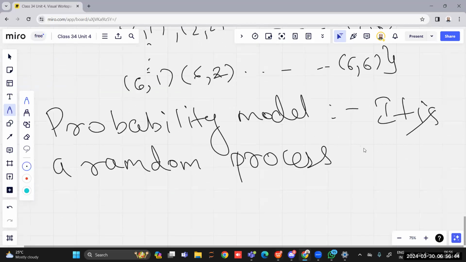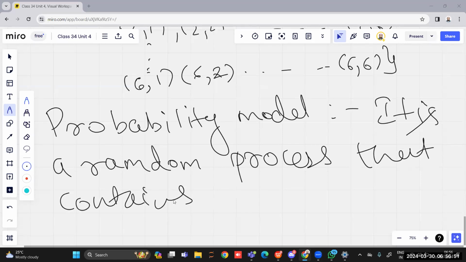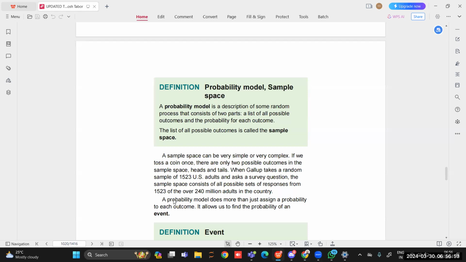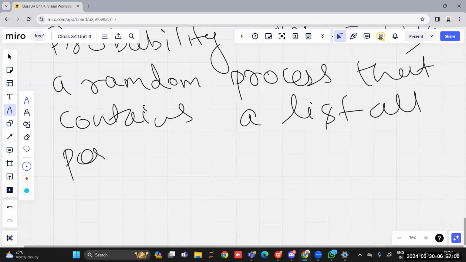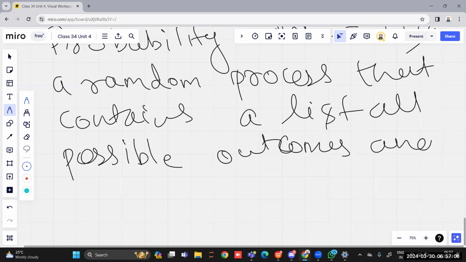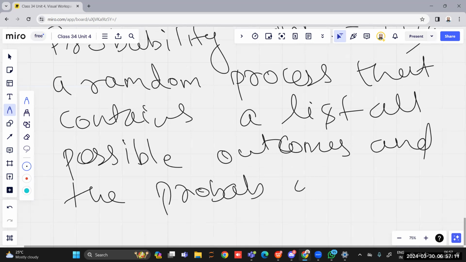So a probability model is a process that contains two things: a list of all possible outcomes, and the probability of each outcome.